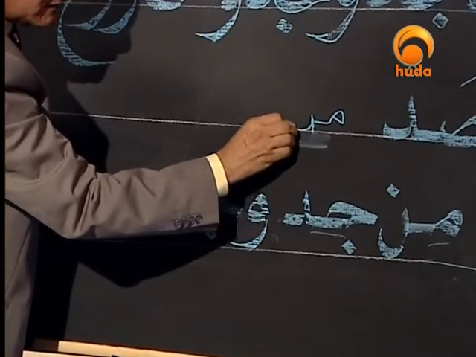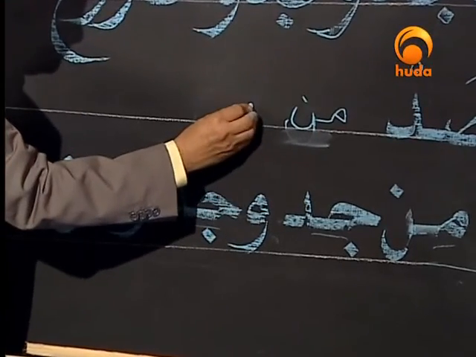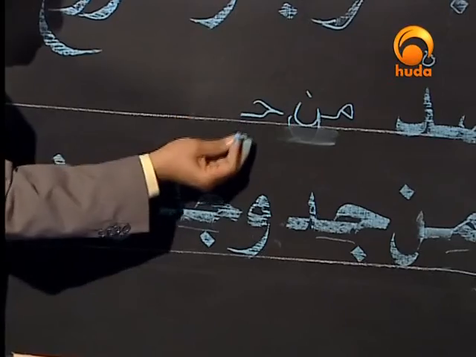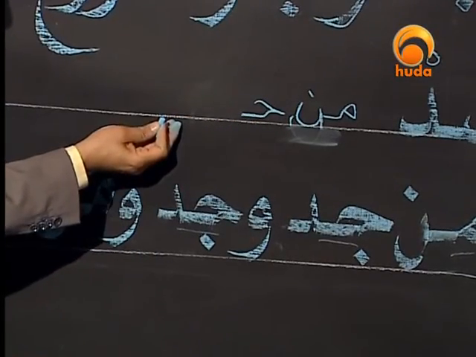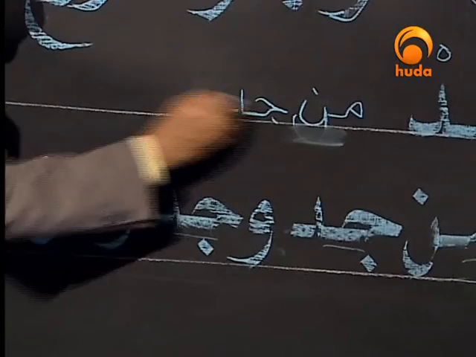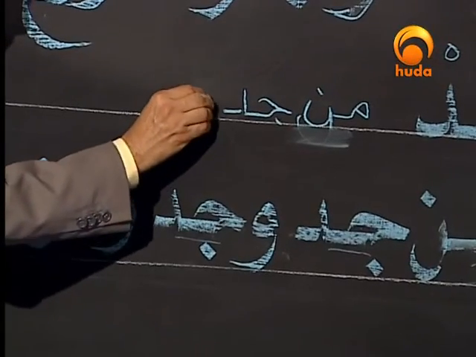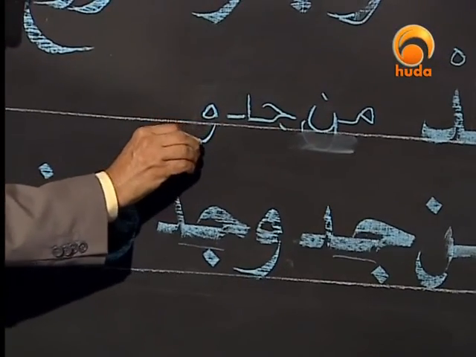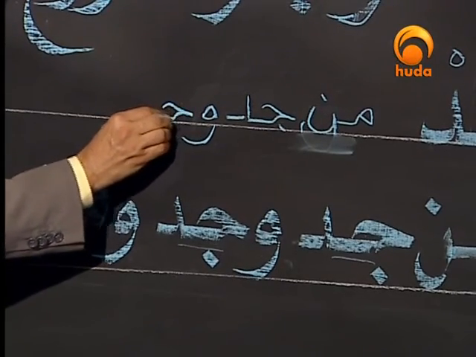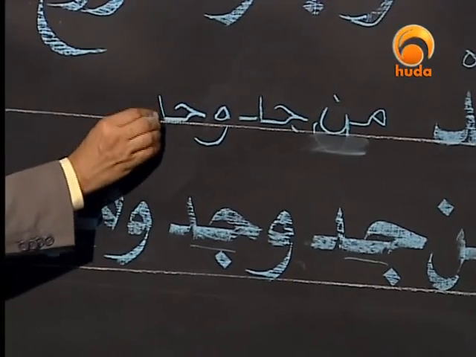So it will be like this. Jim on the line also. Just only follow the line. Don't go up, don't go down. The dot and the waw, the other part will be below the line. Jim and dal.